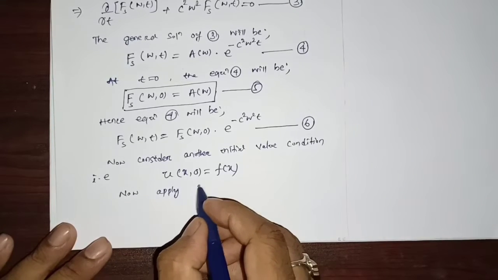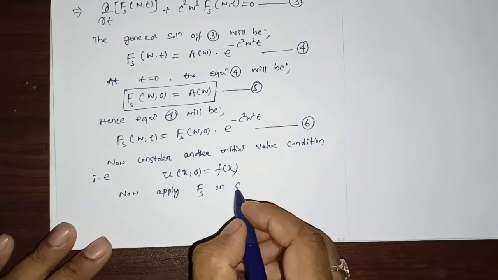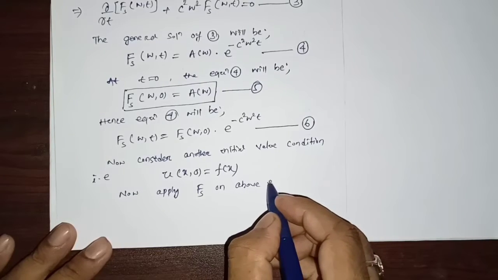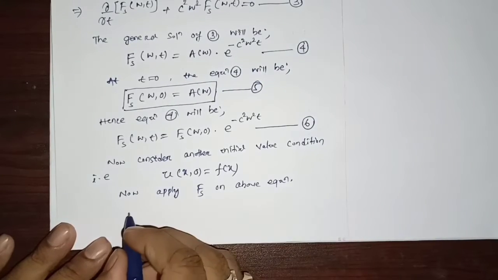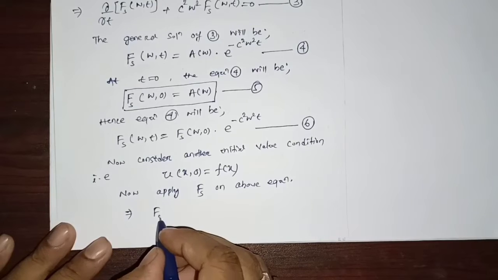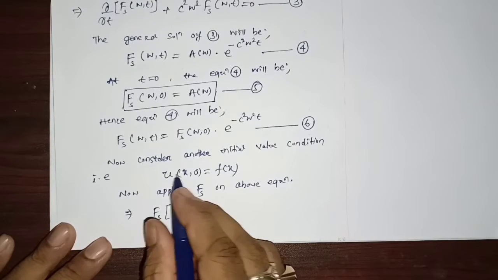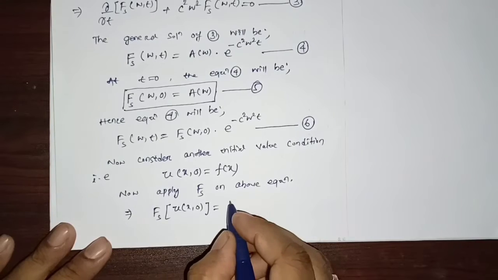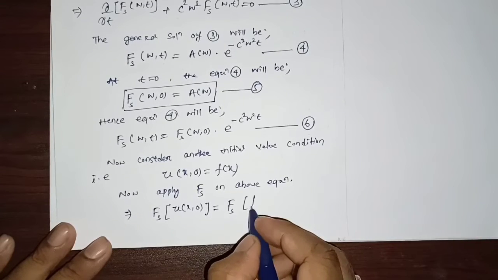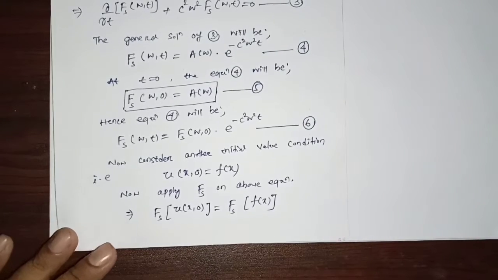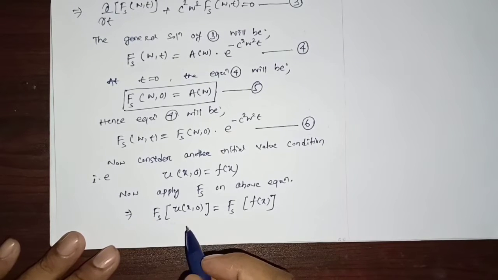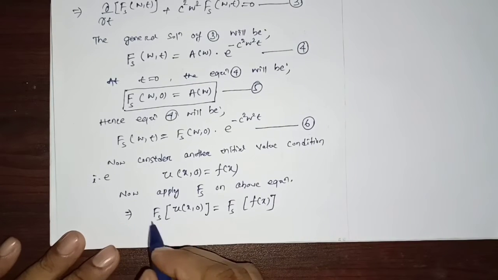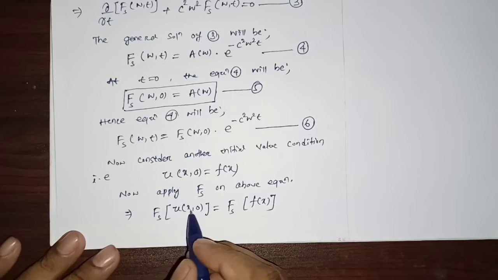Now apply Fourier transform on the above equation. So Fourier transform is applied over the left hand side, u(x,0), equal to the Fourier transform applied on f(x). Here this Fourier transform applies on the variable x.